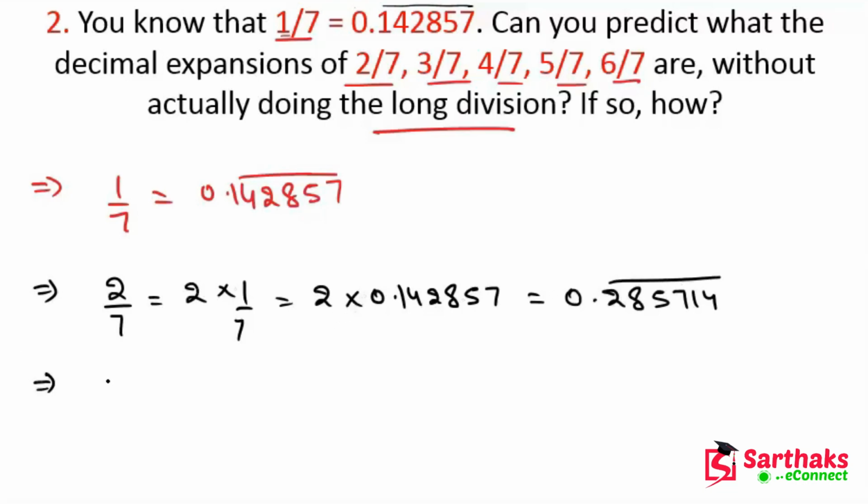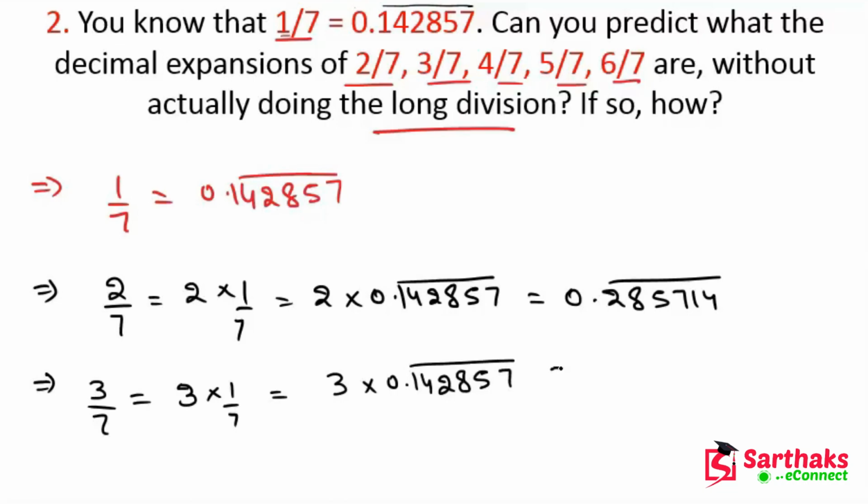Now again we have 3 upon 7, so we can write it as 3 into 1 upon 7. So 3 into 0.142857 bar, we get 0.428571 bar.